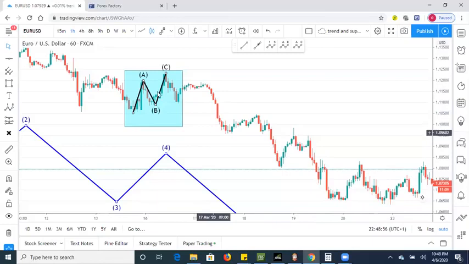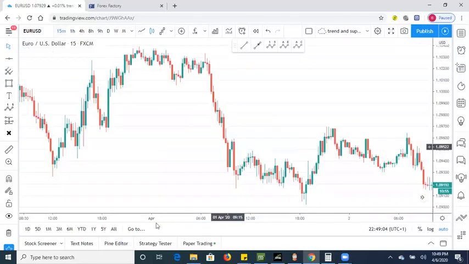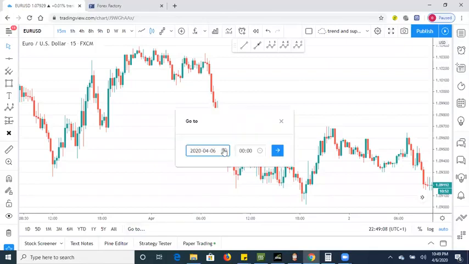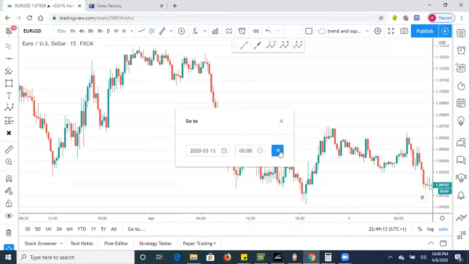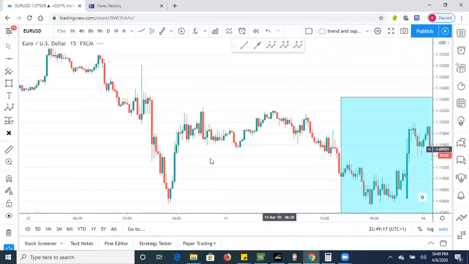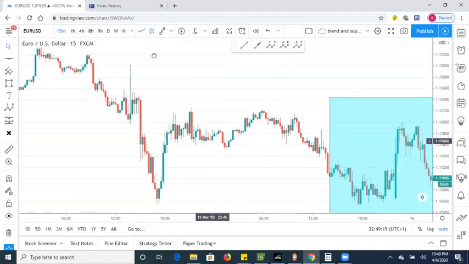I usually would suggest 4 hours and the daily if you're somebody who wants to stay in the market a little bit longer. 15 minutes is full of noise. Let's go down to 15 minutes and look at what 15 minutes would have given us in our shaded box. So on 15 minutes time frame, that date is 13th of March.